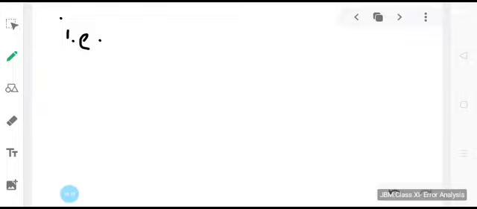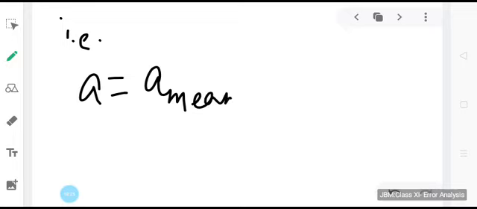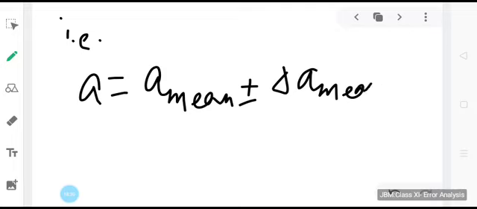That is, A will be equal to A mean plus minus delta A mean.